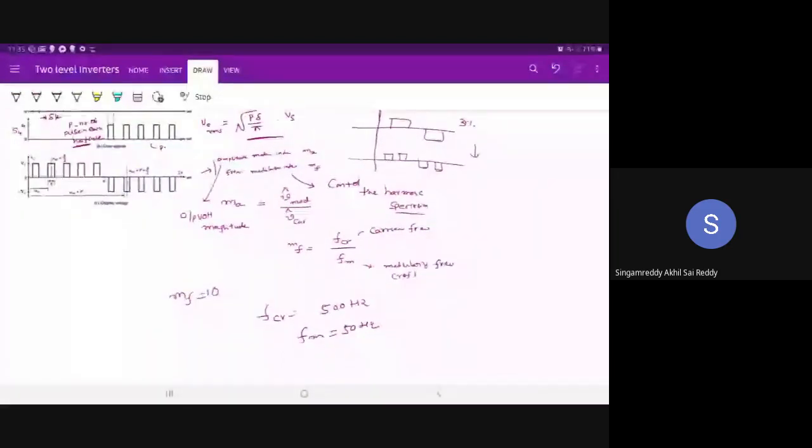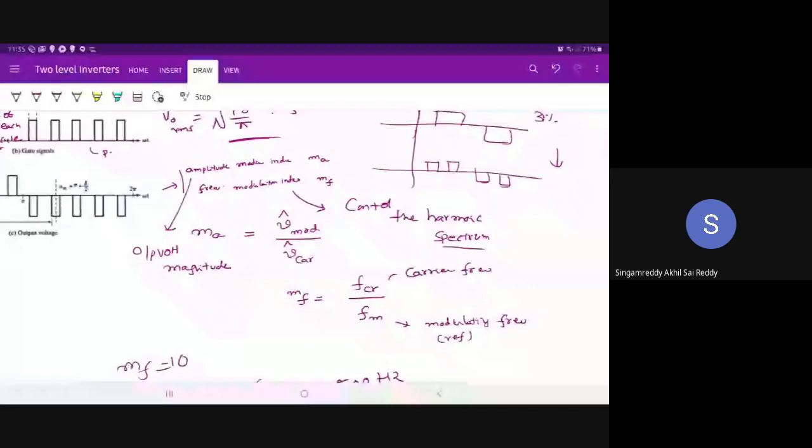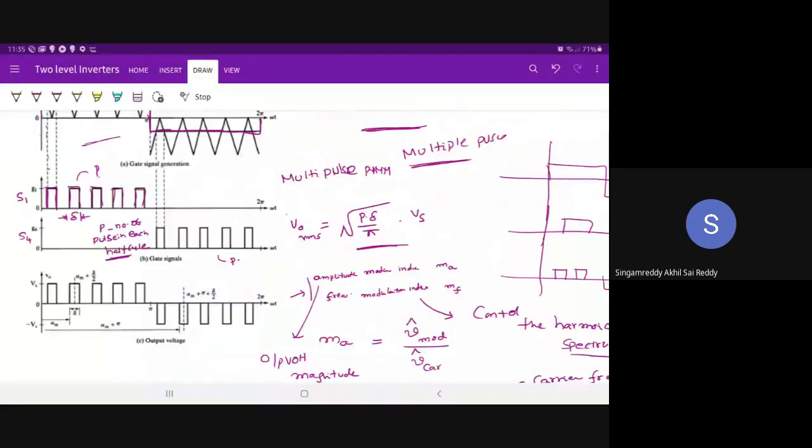So these two are important. The amplitude modulation index MA is used to control the output voltage. If I increase this value to this level, the width of the pulse is increased.